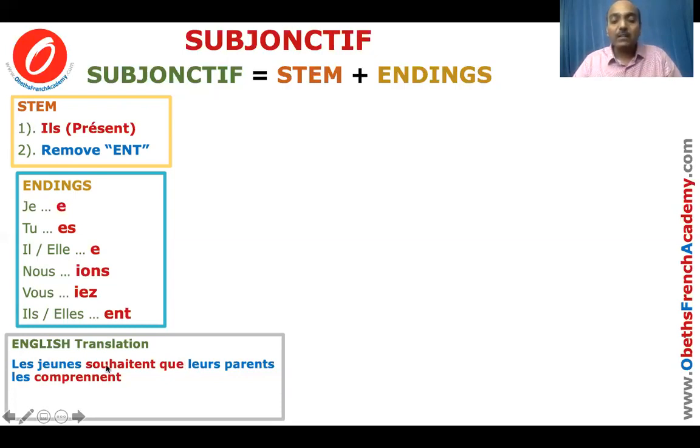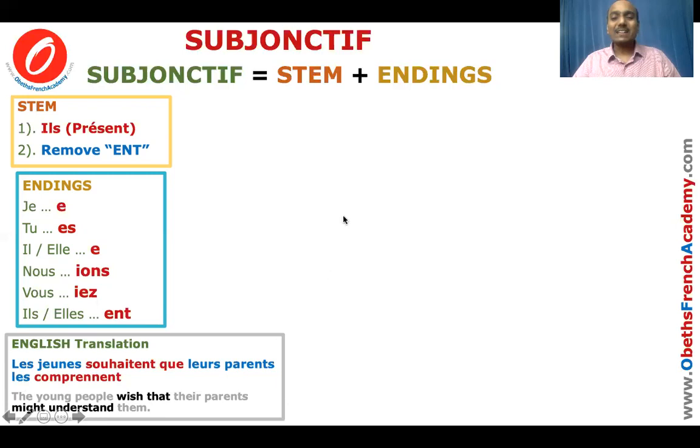The young people wish that their parents might understand them. So please remember, subjunctive is always used after an expression that talks about desire, wish, necessity, emotion.